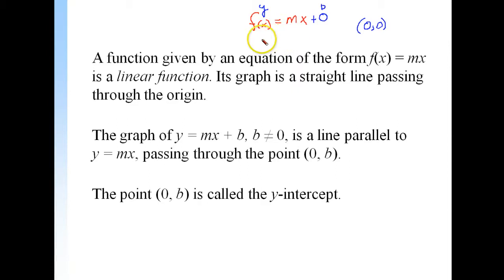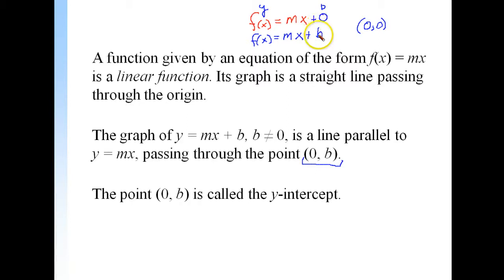Now, if we have this same formula, f of x is equal to mx plus b, and there is now a value in the b position, that means this graph, whenever we make it, will go through point B, which we said a number of times is our y-intercept. Okay? So when there's no b value, it goes through the origin.